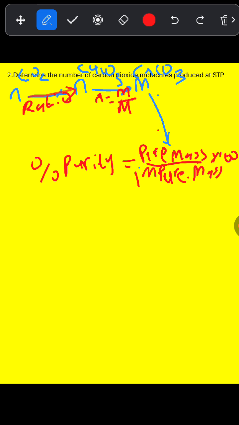We change those into the number of moles of calcium carbonate using the ratio, which was 1:1. Then use those number of moles to get the mass of calcium carbonate using this formula. Then substitute the pure mass in this formula to get the percentage purity.